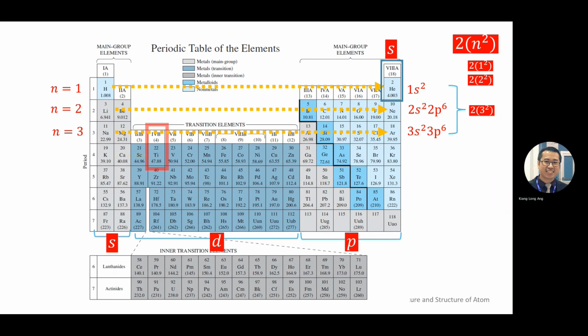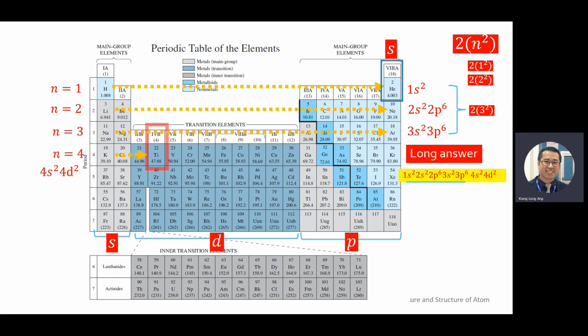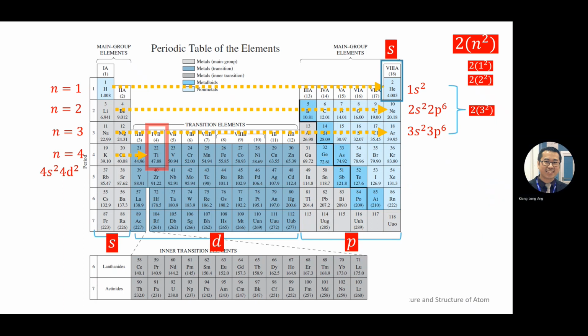For example, in this case you have 4s2, 3d2, and you have no P, because the energy level has not yet reached P. The periodic table tells you this region is D. So you write 4s squared, 4d squared.